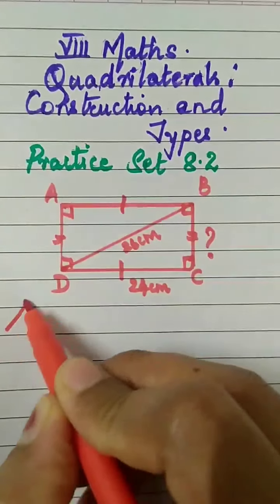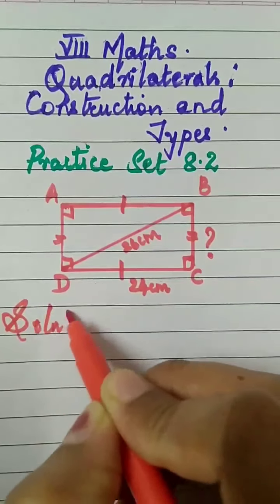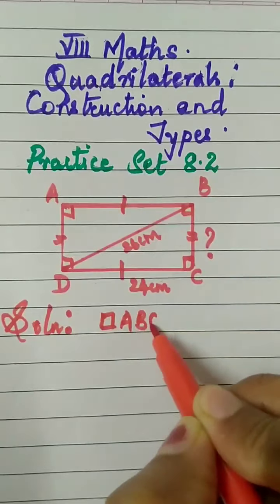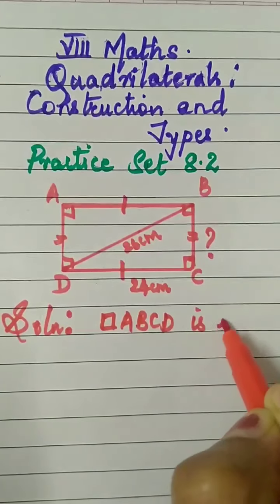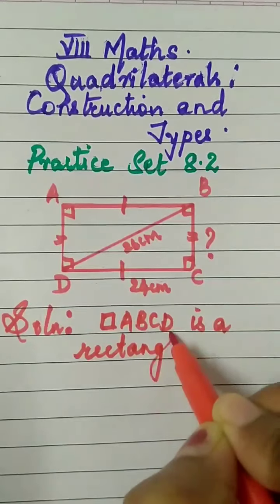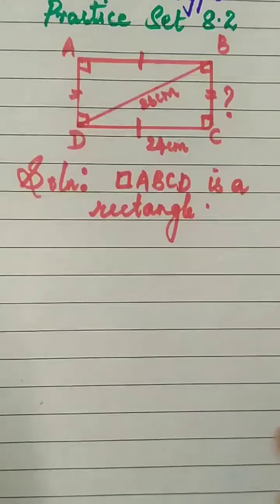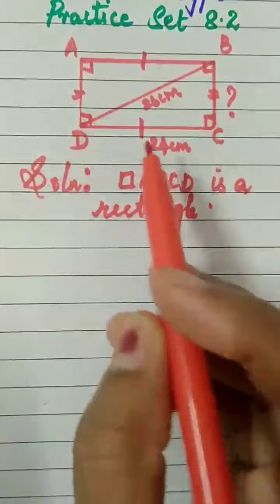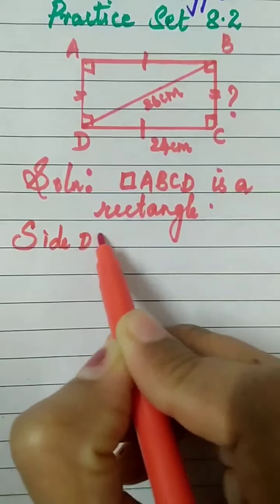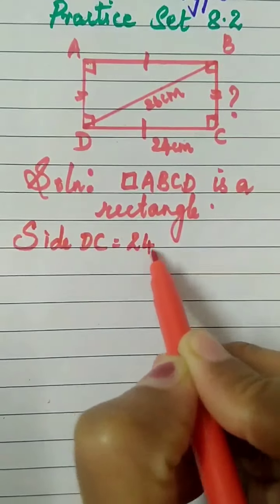So let us solve. Solution. Quadrilateral ABCD is a rectangle. First you will specify that. Now one side, that is, let us name side DC is equal to 24 centimeter.